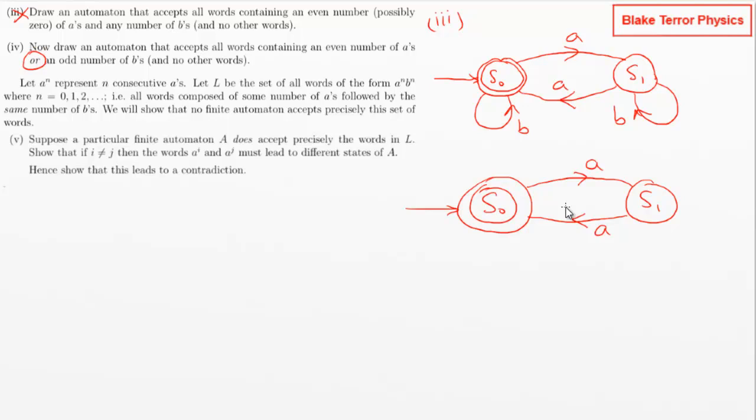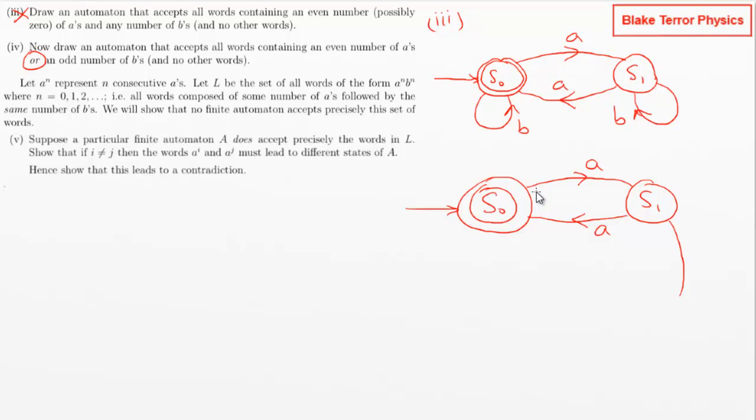And we can't loop B back to itself on S1 because then we would have an odd number of B's and we're not on an end point. So it's got to go somewhere else, just through a process of elimination. We can't loop back on itself, as I say, because we wouldn't have an end state, even though it's a valid word according to those criteria, and we can't go back to S0 because we're not including all solutions.